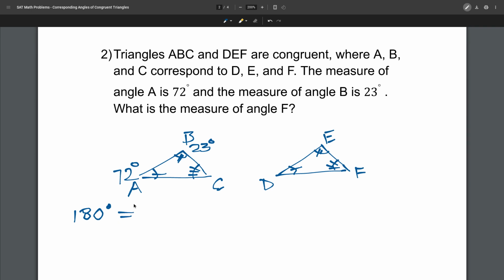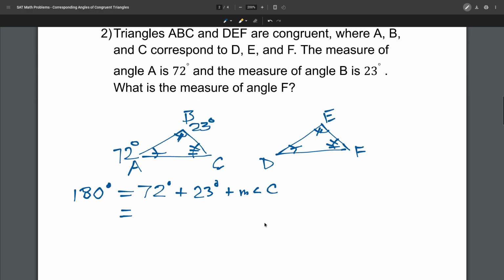So 180 is going to equal 72 degrees plus 23 degrees plus the measure of angle C. 72 plus 23 is 95 plus the measure of angle C. That's equal to 180.